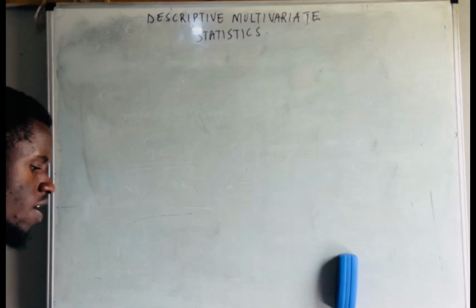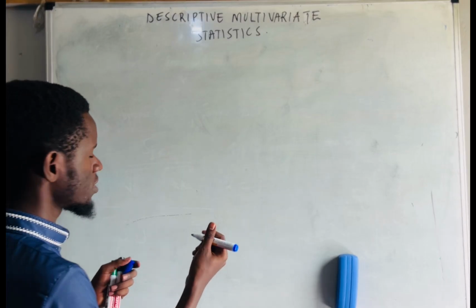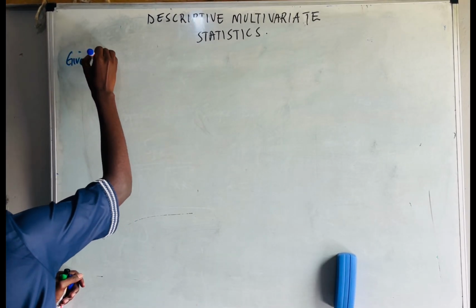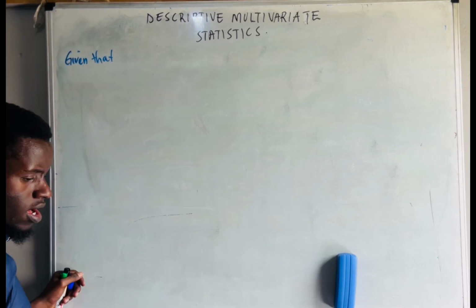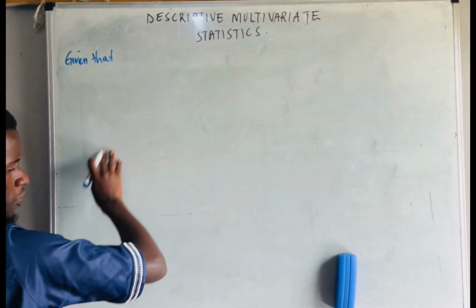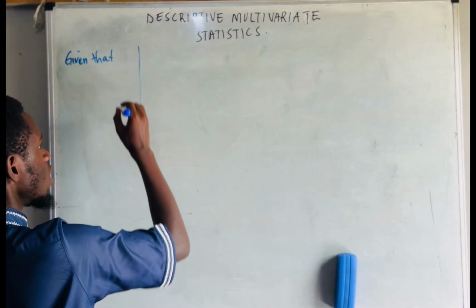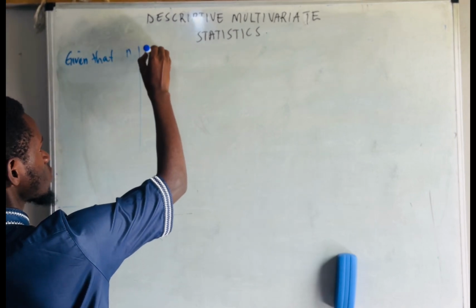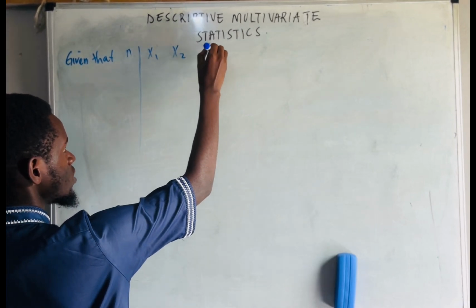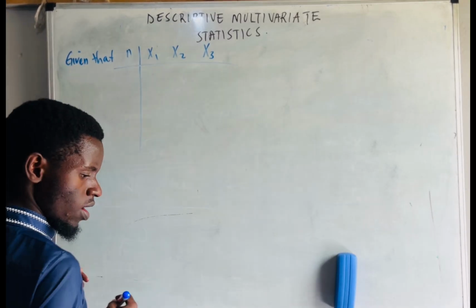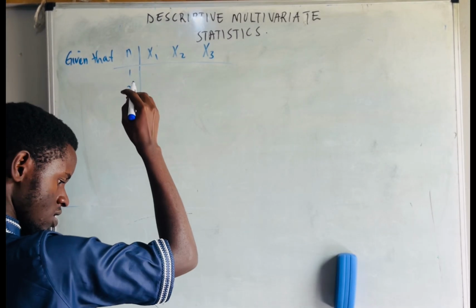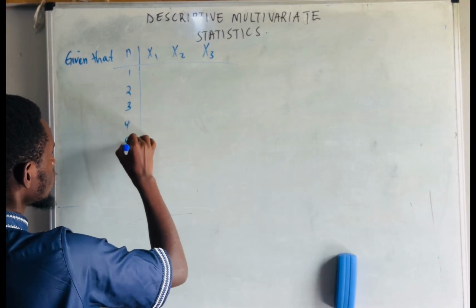Yes, let us continue with an example. We have an example of a question with a table like this. We have n, x1, x2, and x3, divided into observations 1, 2, 3, 4, and 5.